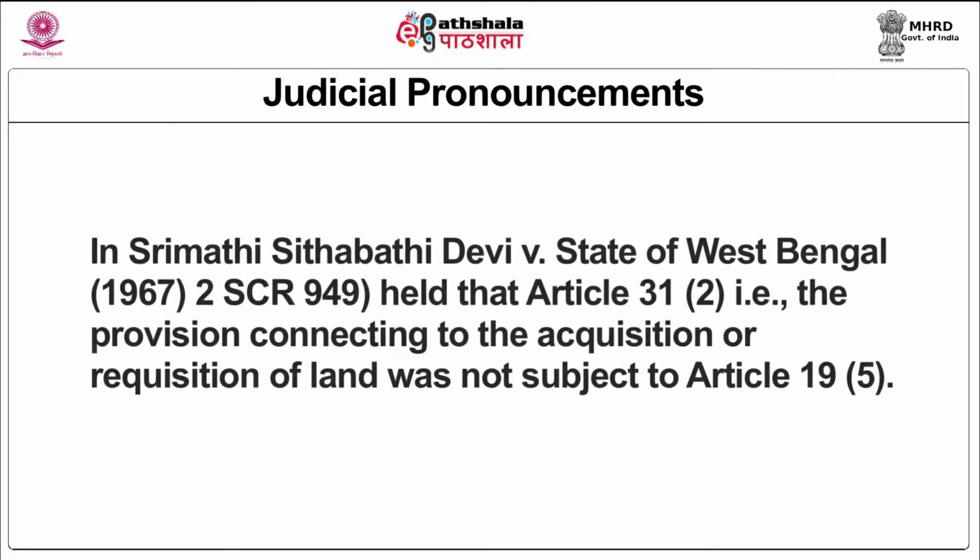The court construed the amended provision reasonably in such a way as to salvage to some extent the philosophy of the Constitution. But the Supreme Court in Srimati Sitabai Devi versus State of West Bengal held that Article 31 Clause 2, that is the provision relating to the acquisition or requisition of land, was not subject to Article 19 Clause 5.